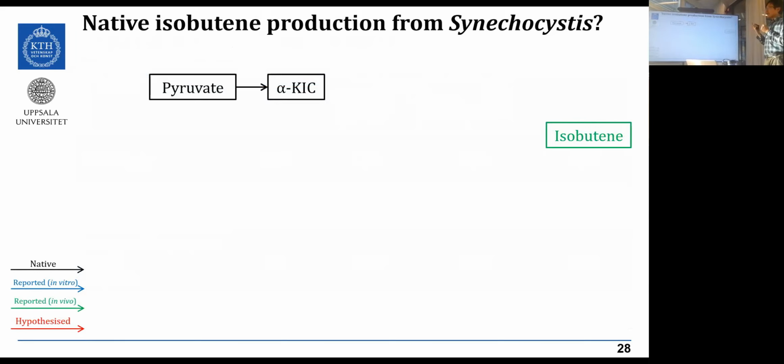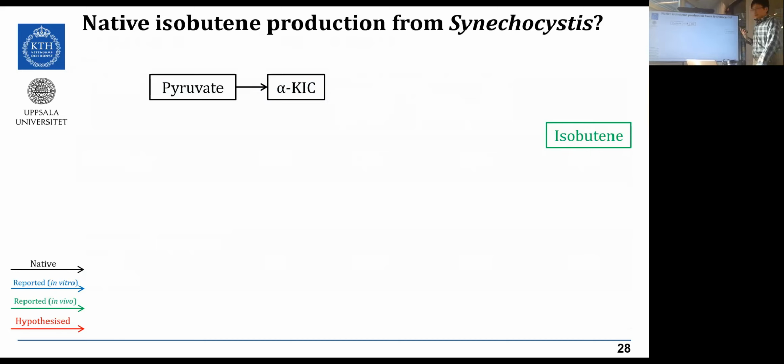Okay, and another hypothesis, which is a little bit far-fetched, is that Synechocystis can produce isobutene natively, which is kind of unlikely because I have found no reports on cyanobacteria producing isobutene.